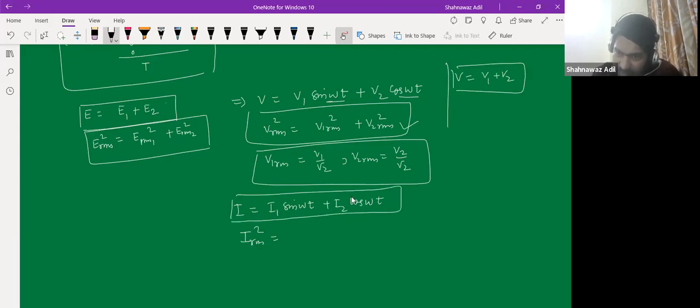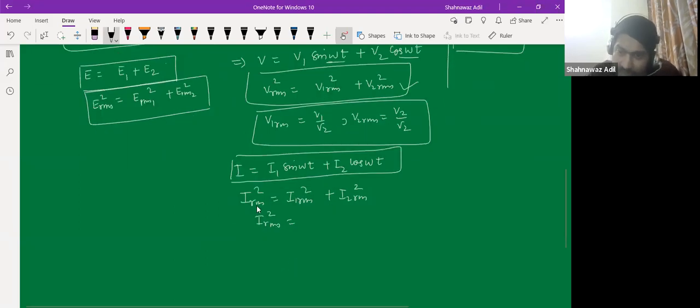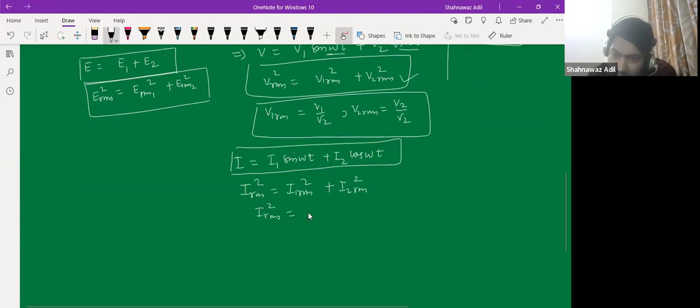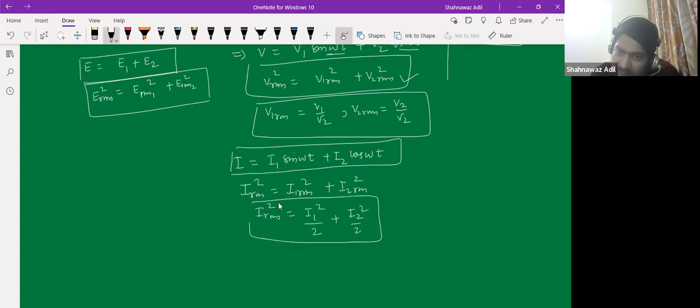So if you have two currents which are in different phases, then the RMS would be I1 RMS square plus I2 RMS square. You can also write this as I RMS square equal to I1 square by 2 plus I2 square by 2. And how do we get this value?